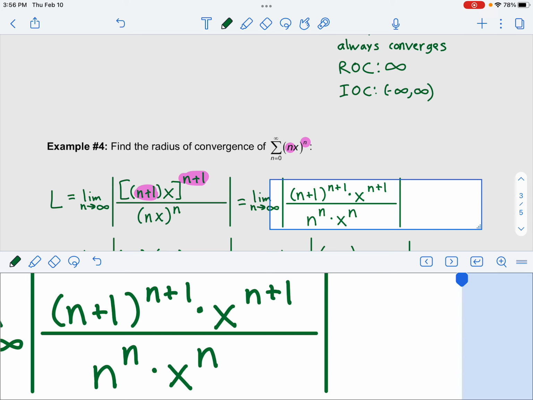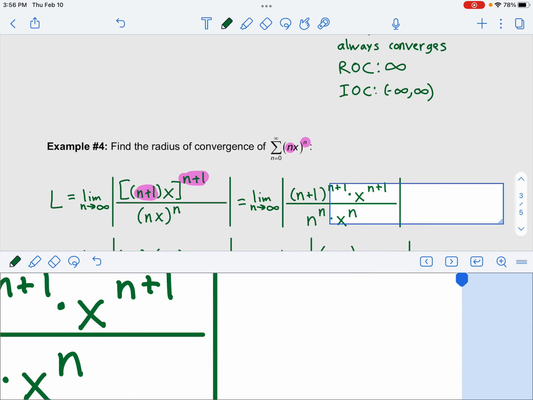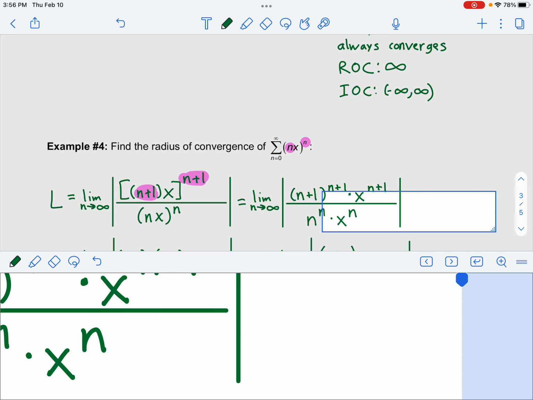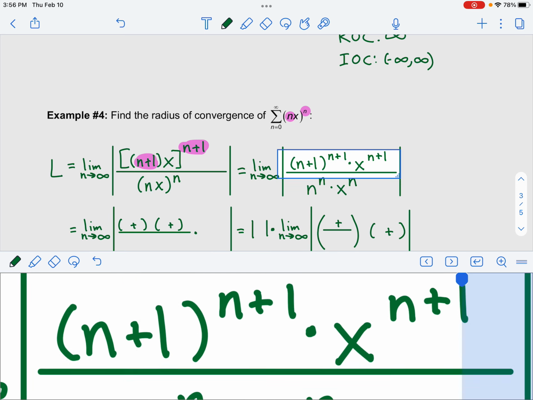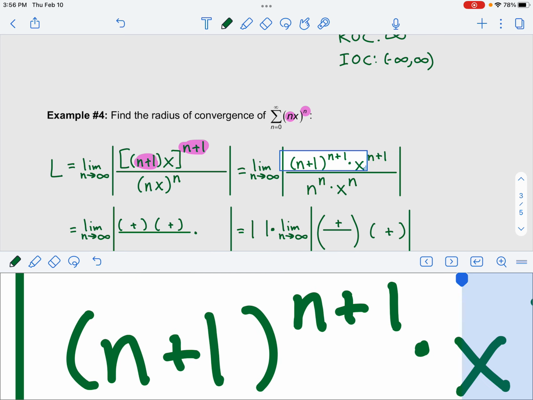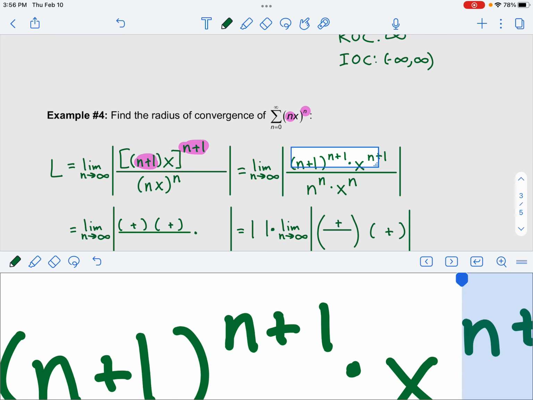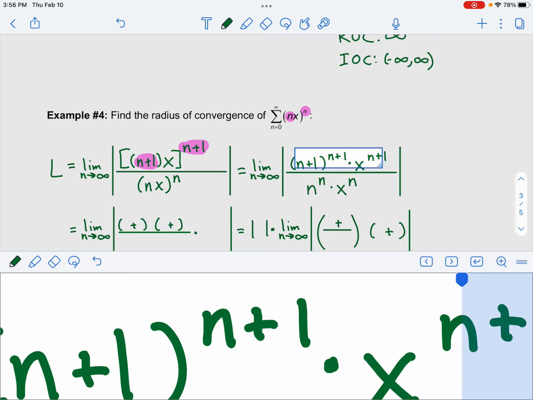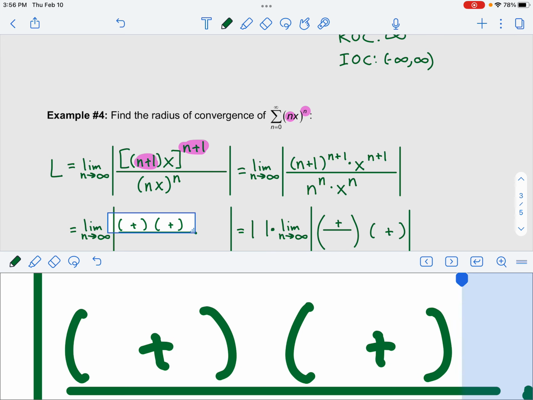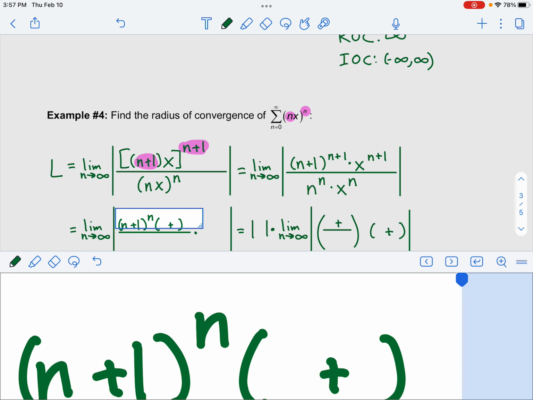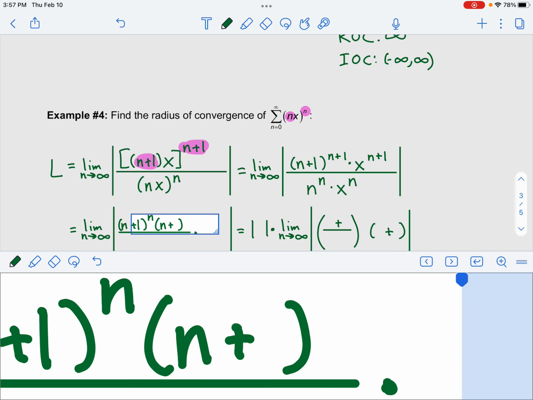Okay, now again, this one looks very odd, but we can combine some stuff here. I have these two x terms, so I can subtract the exponents there. What I'm also going to do is take this n plus 1 to the n plus 1 power and break that up. So this n plus 1 power means I had an n plus 1 to the nth power times an n plus 1 to the first power.